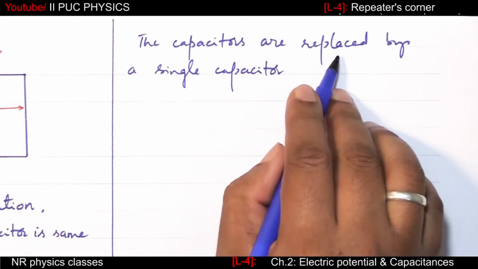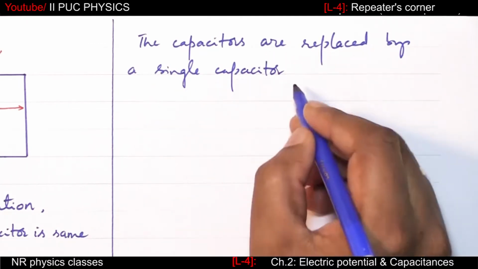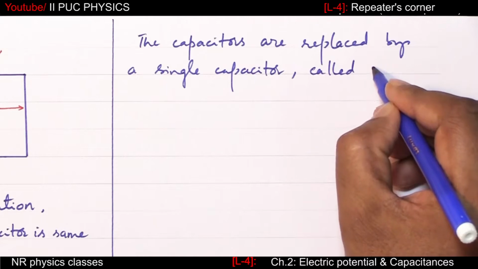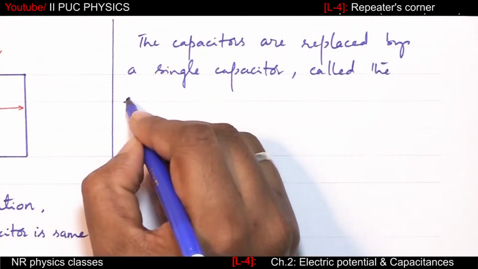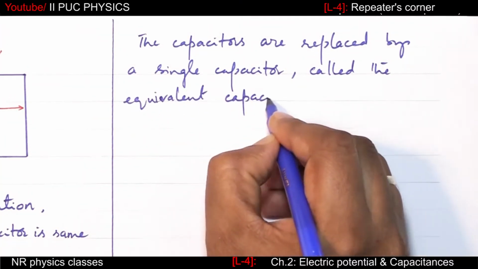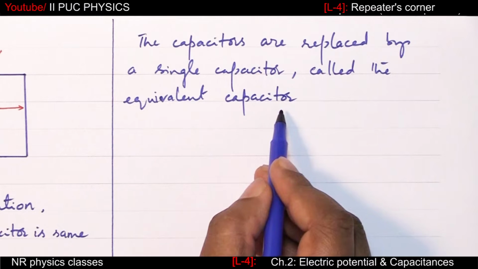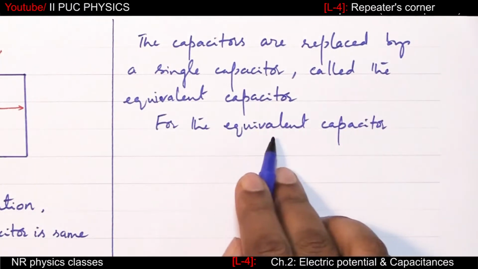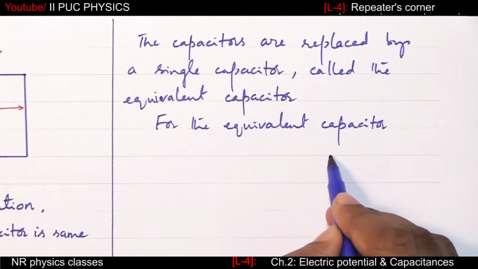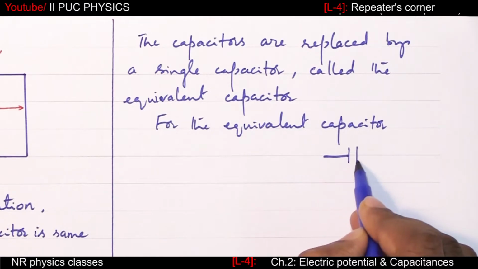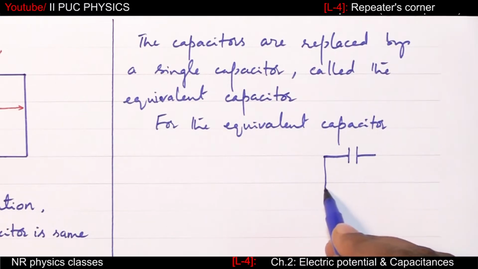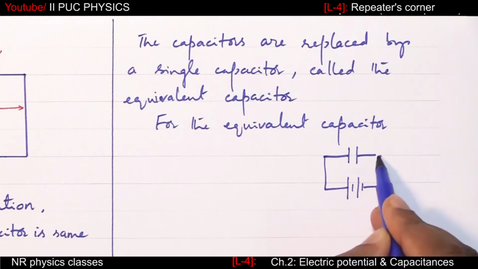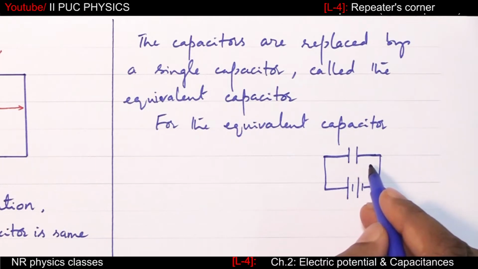The capacitors are replaced by a single capacitor called the equivalent capacitor. For the equivalent capacitor, suppose this is the equivalent capacitor which when connected across the same battery should store the same charge.